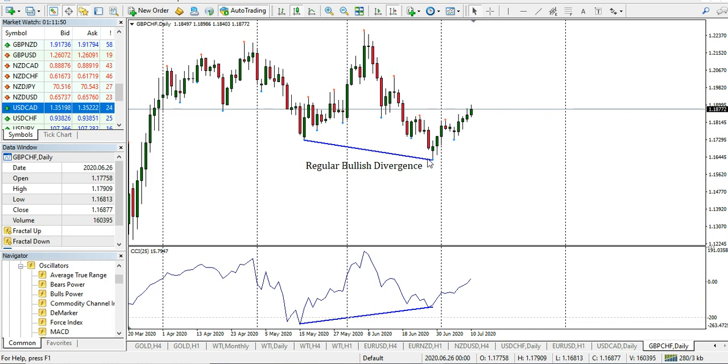Divergence is really one of the best strategies out there, used by professional traders. You can decide as a trader to use this strategy alone. You can decide that this is how you are going to trade the forex market only.